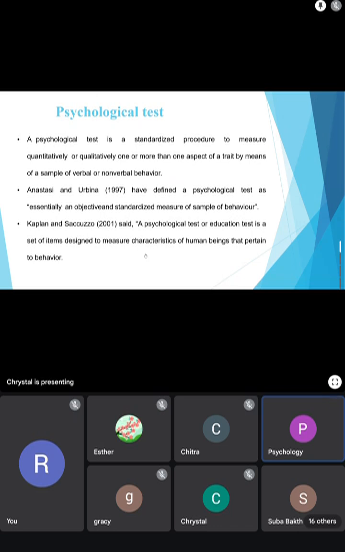There are two scientists who give two different types of definitions for a psychological test.